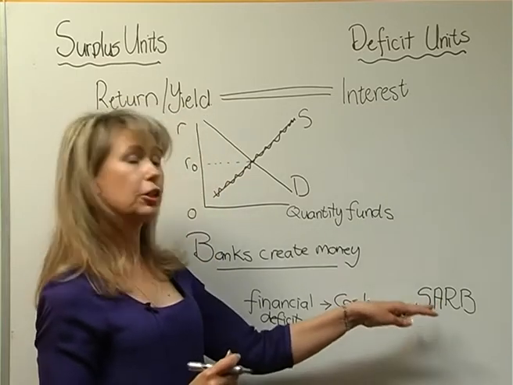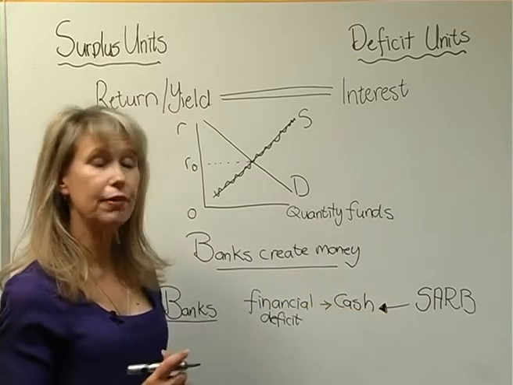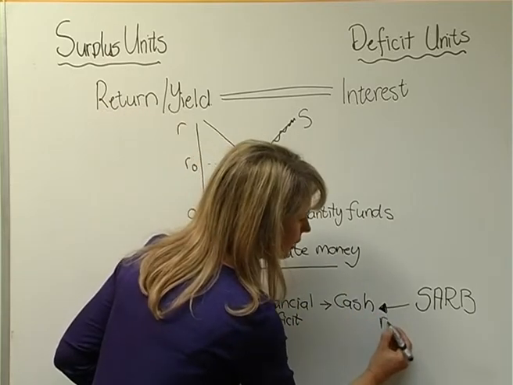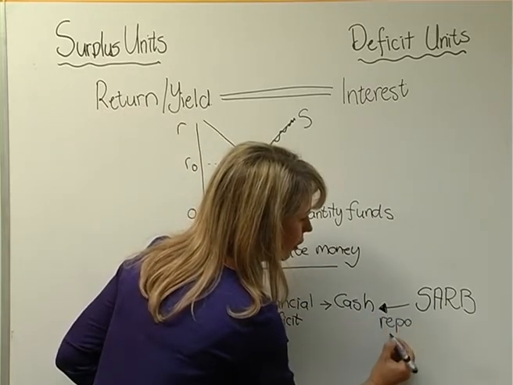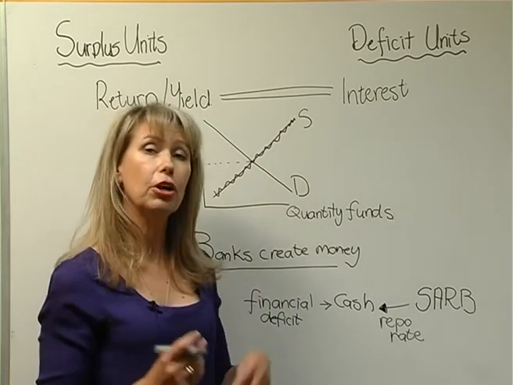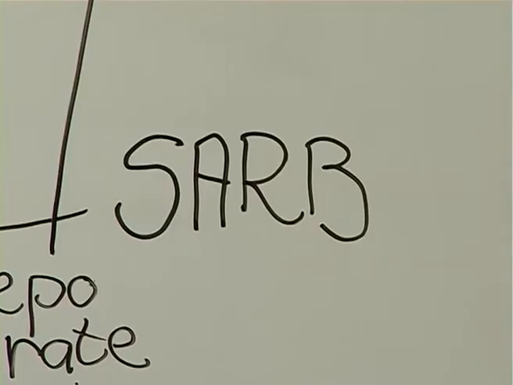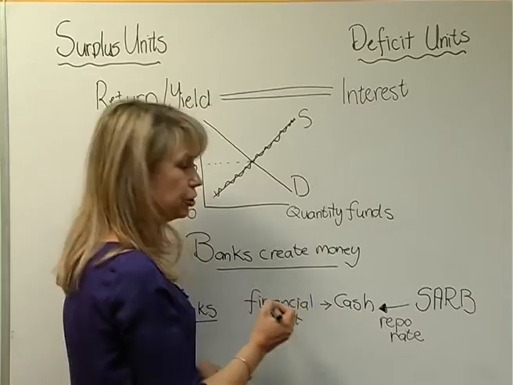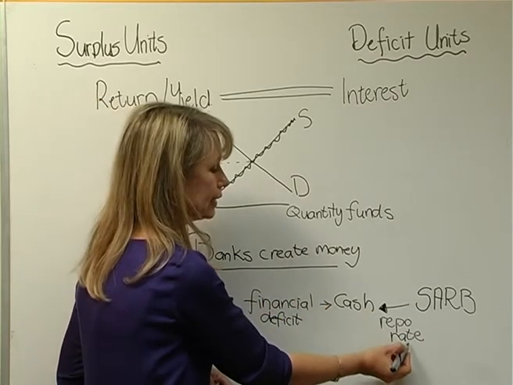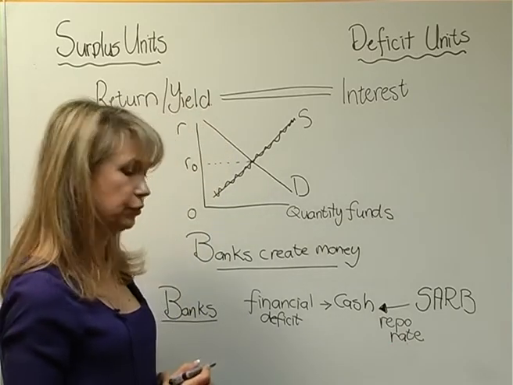Now, the Reserve Bank is not going to give it to them for free. They will lend them the funds, but the banks have to pay an interest rate which is called the repo rate. And you may have heard about this, and you're going to hear a lot more about it in this course. So the Reserve Bank will provide cash to the banks that are experiencing a deficit, and the banks have to pay the repo rate in return for those funds.